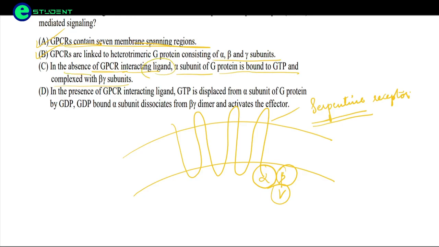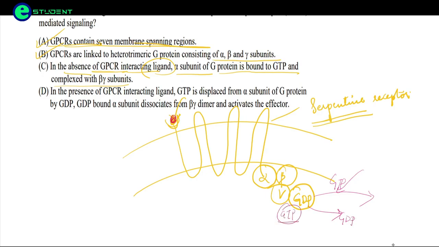Whenever there is no ligand, it is bound with GDP. But whenever the ligand comes and binds to the receptor, this GDP is exchanged for GTP. So GDP is removed from here and GTP is bound here.